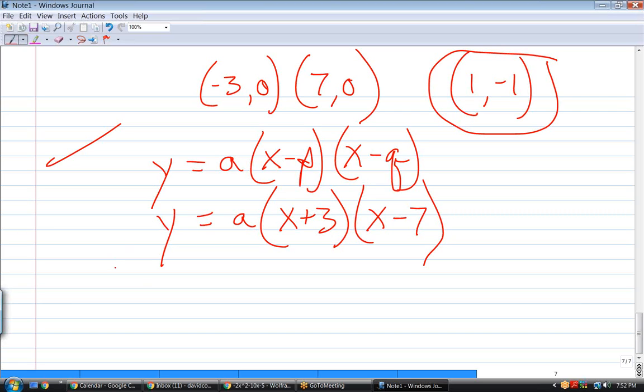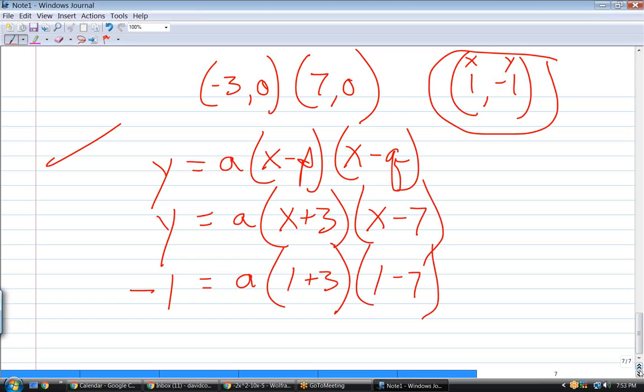Tell me exactly what to write. Y equals A. This is an X and a Y coordinate. Negative 1. Negative 1 equals A, parenthesis 1 plus 3, parenthesis 1 minus 7, parenthesis.